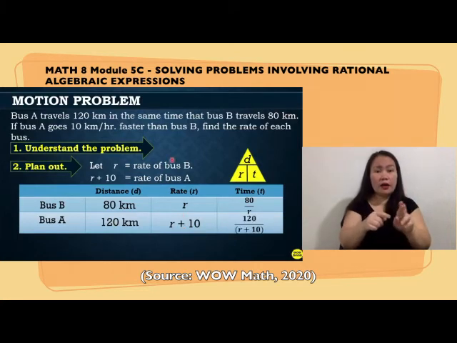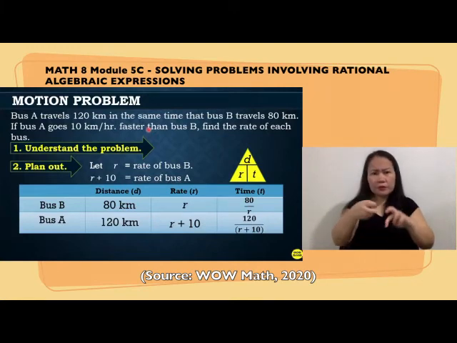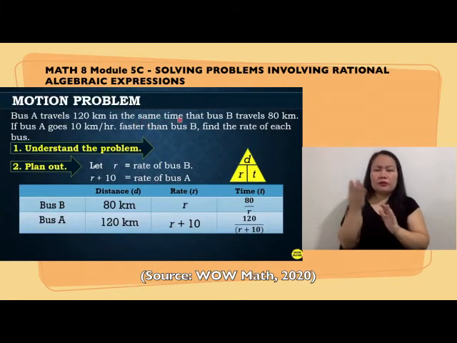Alright, let's go back to the problem. What will be our equation now? So, meron dito, i-highlight natin ito, same time. Pareho sila ng time since we're going to look for the time. Alright? So, based on the given problem, same time daw sila.